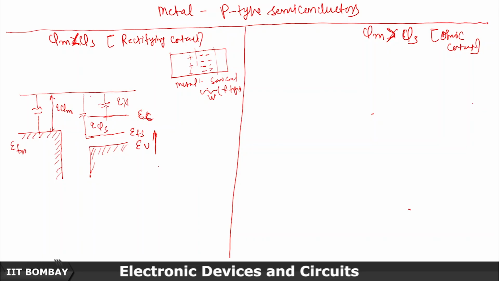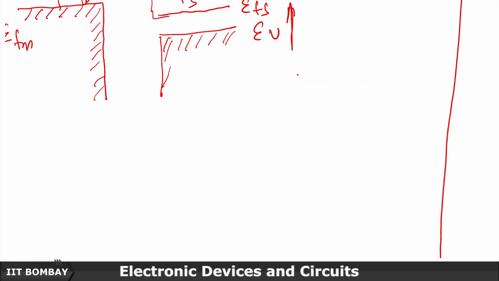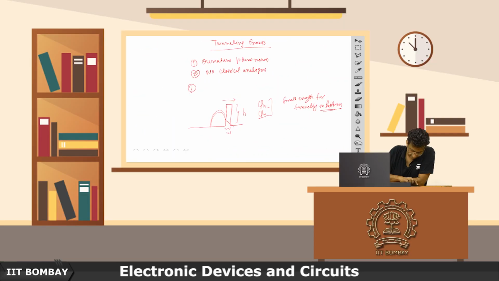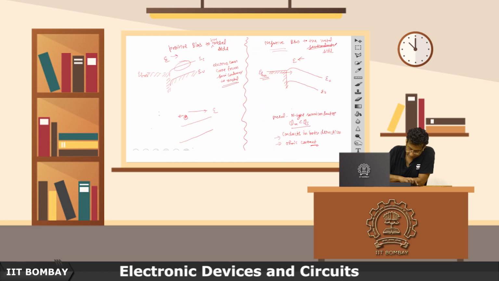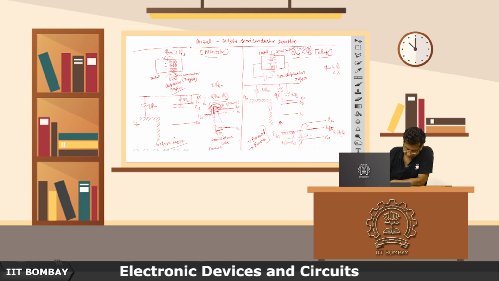So this should not be confused with the case of metal and n-type, the same situation, phi m, phi s. There was no depletion region despite the negative charge, right? There was no depletion region if you see carefully. So if you look at this case, electrons are moving from metal to the semiconductor, but this semiconductor is already n-type, it's full of electrons, so these are additional electrons.